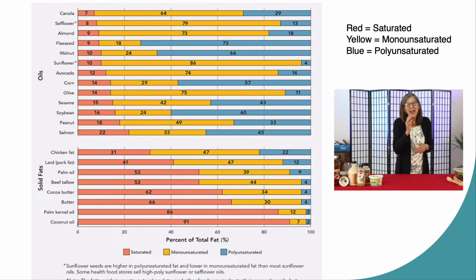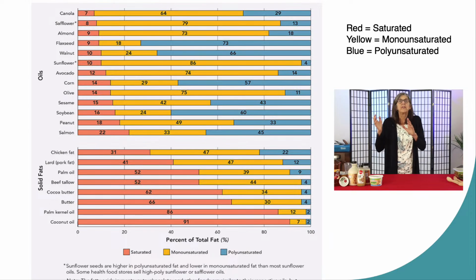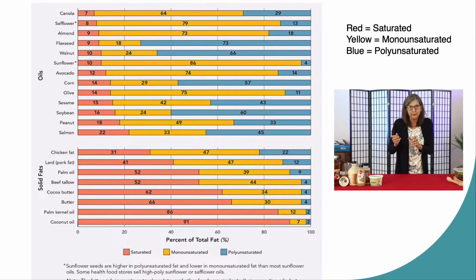But just know, every oil shown here, canola, olive, corn, safflower, has a percentage of red in it. Do you see that? I think olive oil is like 14% still coming from saturated fat. So just know that. Yes, it's higher in the unsaturated fats, but it still has a portion of saturated fat in it, all right?